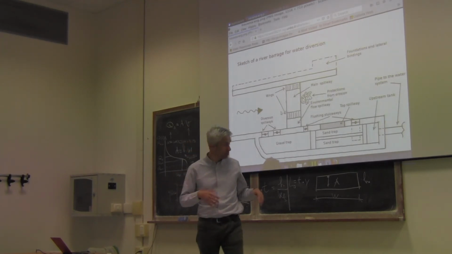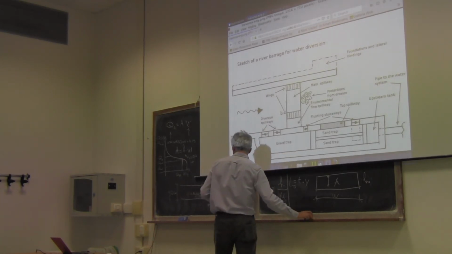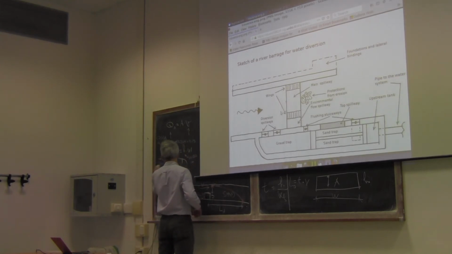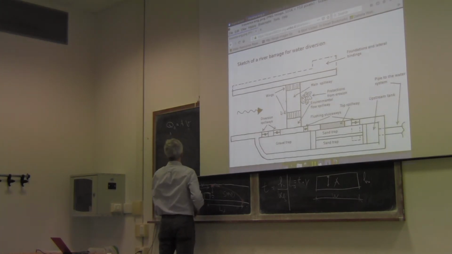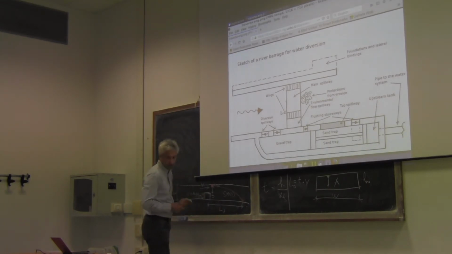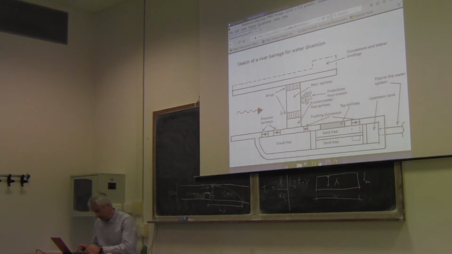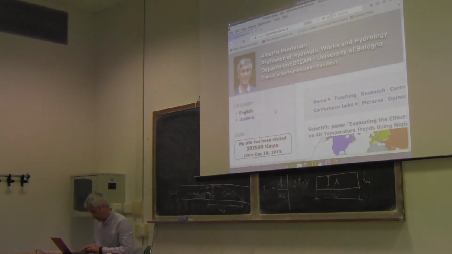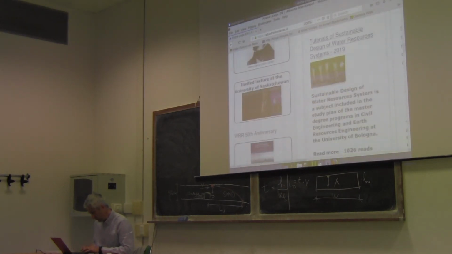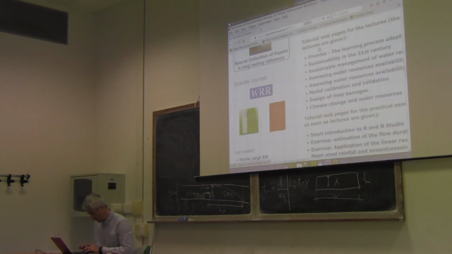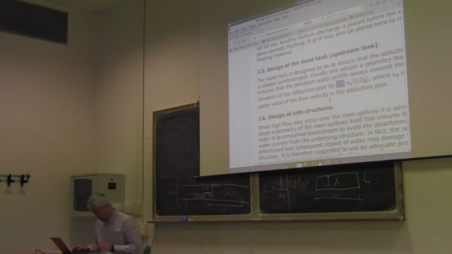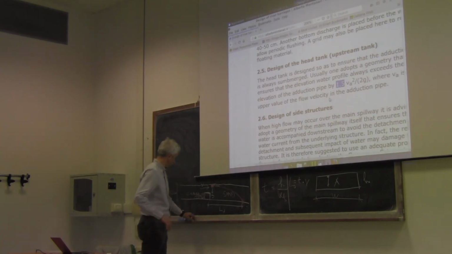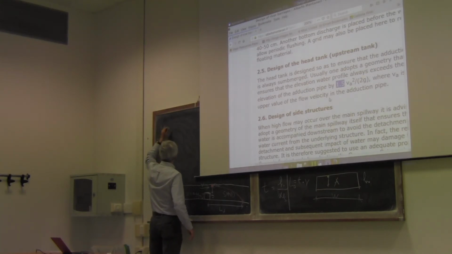There is an empirical rule which says that once the velocity in the pipe is known, let's determine VA, the max velocity in the pipe.